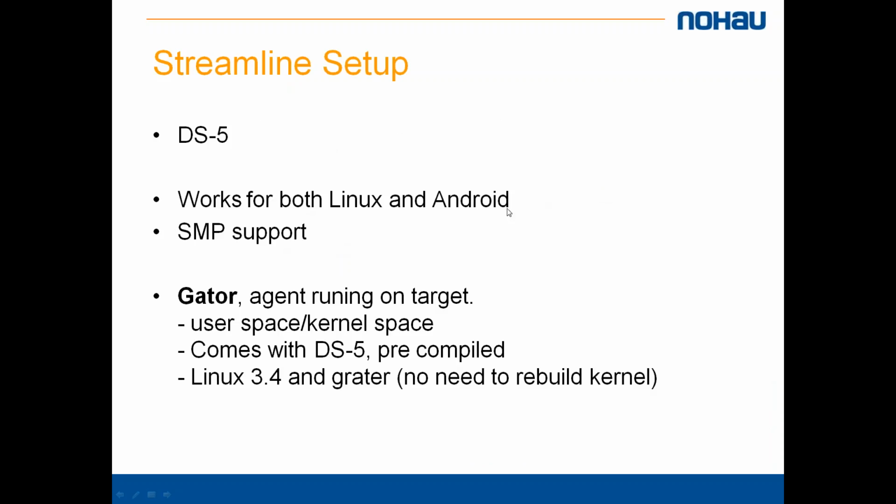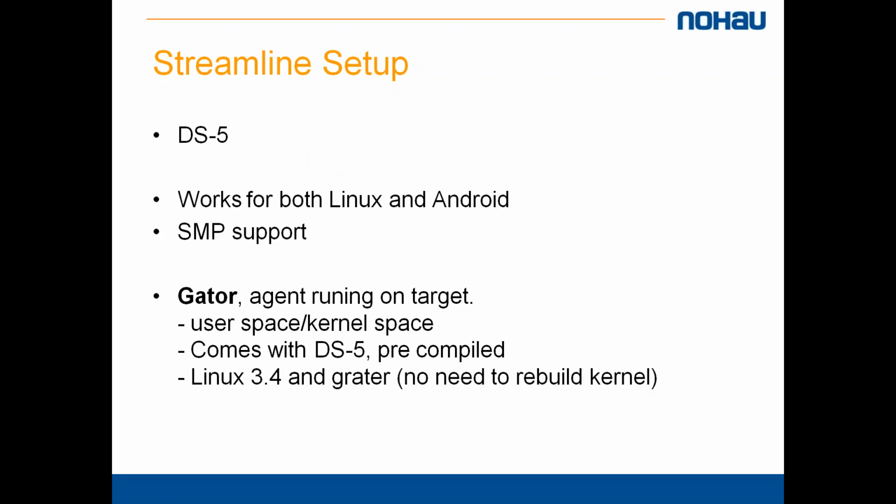For this Streamline setup, Streamline comes with DS-5. It works with both Linux and Android, and it has SMP support, so it will be able to tell what core did what at what time. To be able to get this information, we must have something running on target that is passing the data. So there is an agent called Gator, which is running on target.